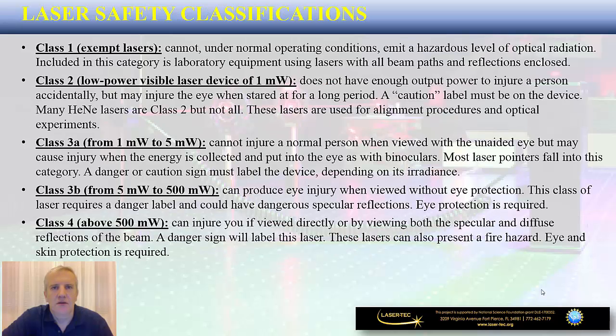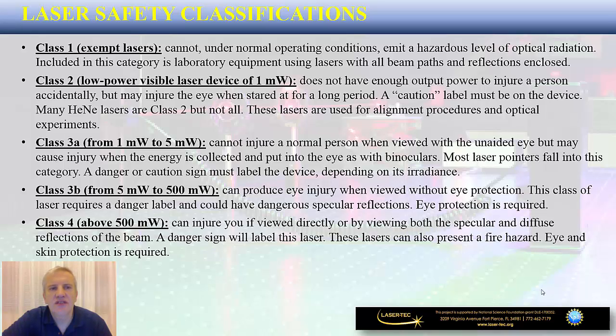According to laser safety standards, lasers are classified into a few groups based on the potential hazard that they pose. We are going to start with class 1, the so-called exempt lasers. This class of lasers cannot, under normal operating conditions, emit a hazardous level of optical radiation.